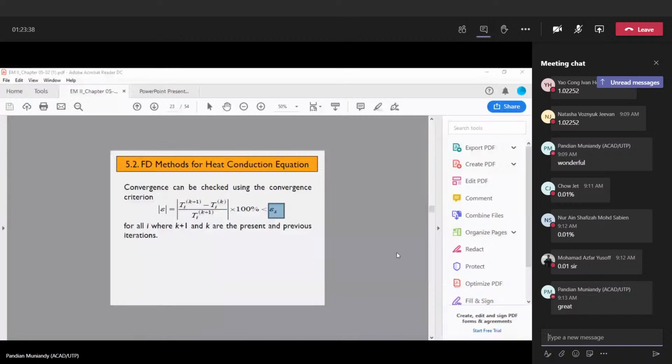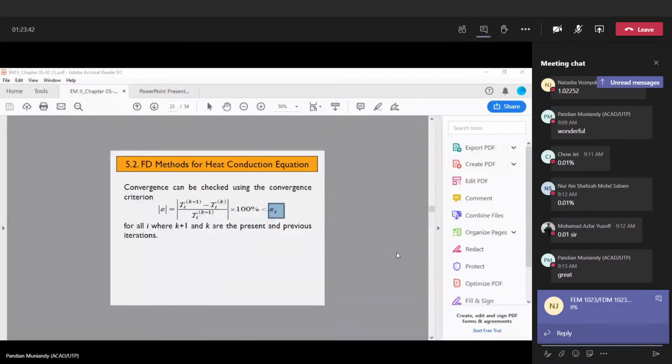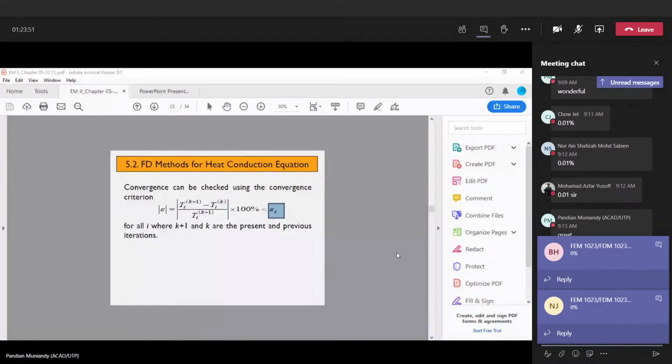Temperature 2. What is the answer? Yeah, 0%.